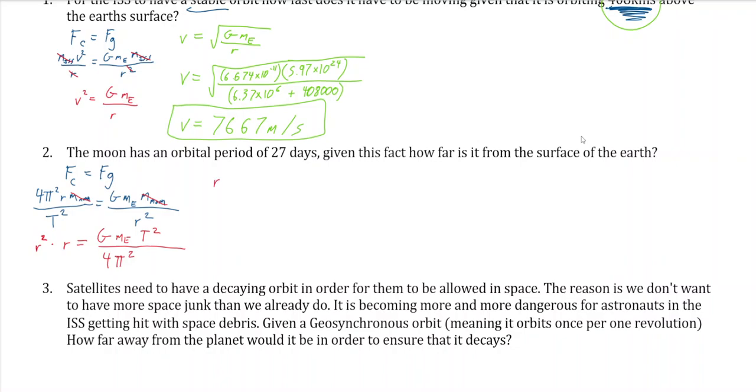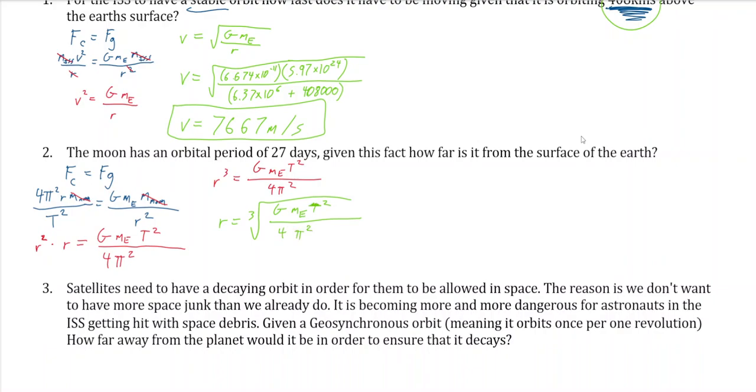So this is going to be R cubed equals GME T squared over 4 pi squared. So now we can cube root both sides. So it's going to be GME T squared over 4 pi squared.